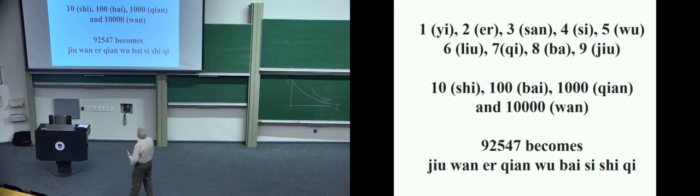And then you have the multipliers 10, 100, 1,000, and 10,000. So 9247 becomes 9 times 10,000, 2 times 1,000, 5 times 100, 4 times 10, and 7. And that's a very efficient and easily learnable system, and you string numbers together like that.